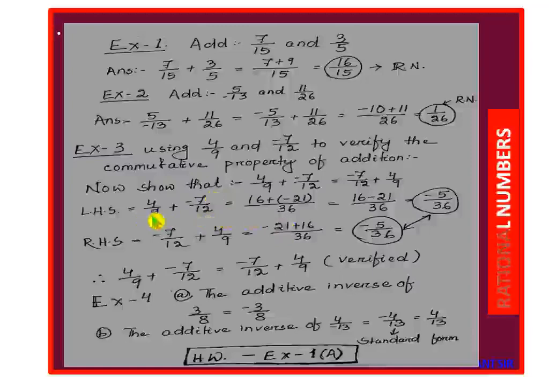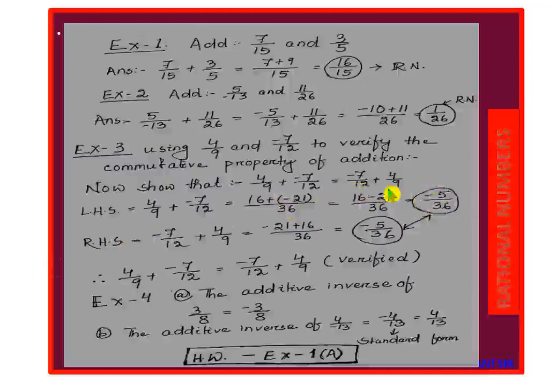The LCM of 9 and 12 is 36. 9 fours are 36, 4 into 4 equals 16, then plus sign, 36 divided by 12, 12 threes are 36, 3 into minus 7 equals minus 21. So 16 minus 21 divided by 36 equals minus 5 by 36. This is the LHS value we got.